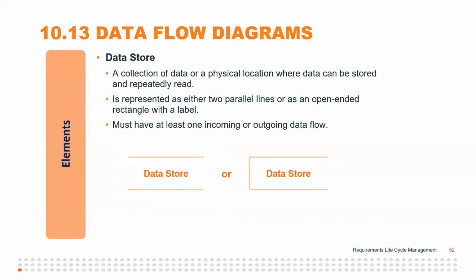A data store is a collection of data or a physical location where data can be stored and repeatedly read. It's represented as either two parallel lines or as an open-ended rectangle with a label. It must have at least one incoming or outgoing data flow. So you can see the two different ways down here that data stores are represented. In the first case, it's just two lines.